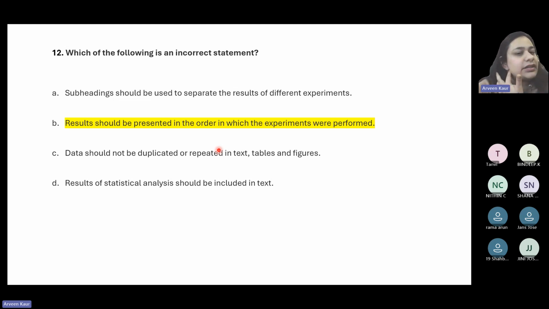So it should be presented in an orderly fashion, not in the fashion in which you have actually done the experiments. It might be possible that I wanted to validate the line first, but I did not have the primers required to do that. So by the time I had ordered the primers, I did the second set of experiments first because I had reagents available for them. That doesn't mean that I will put the second set of experiments first in my paper. That is not how it should be done.